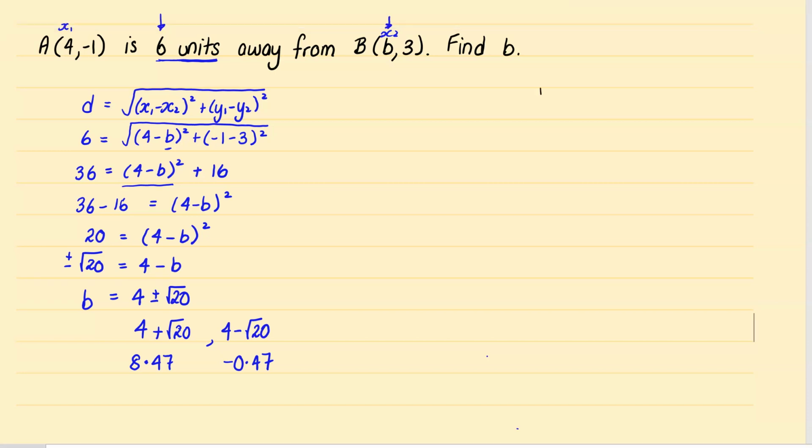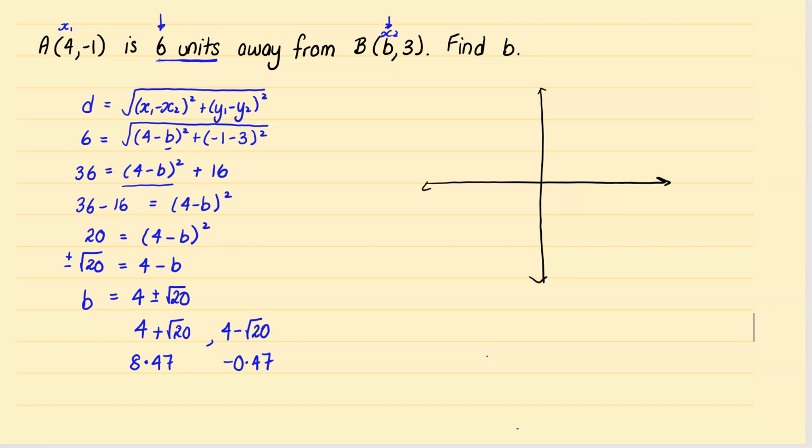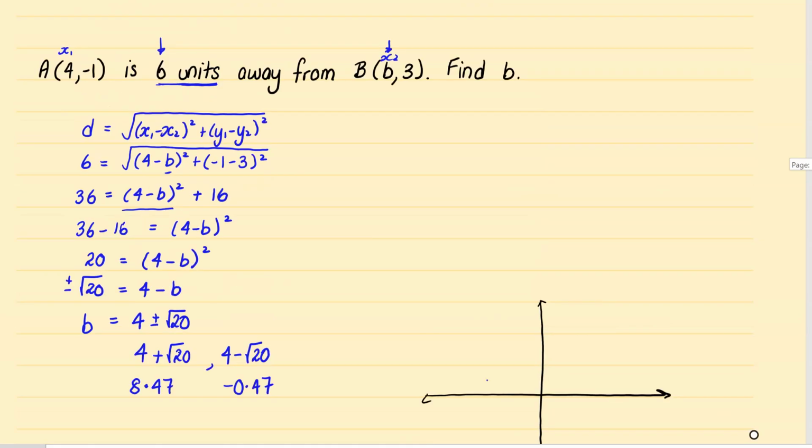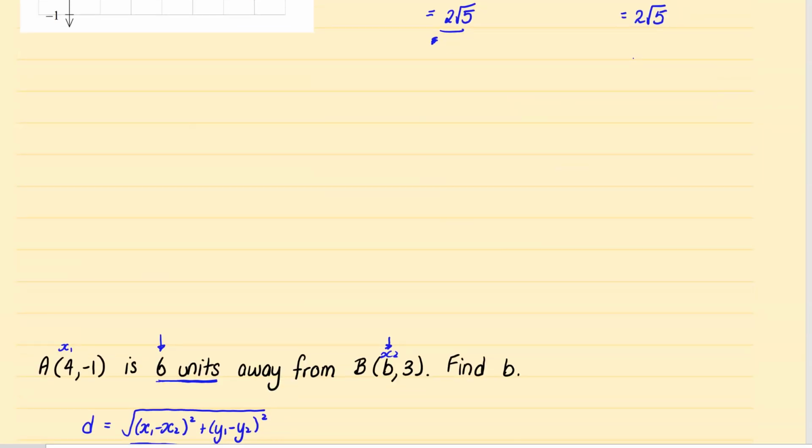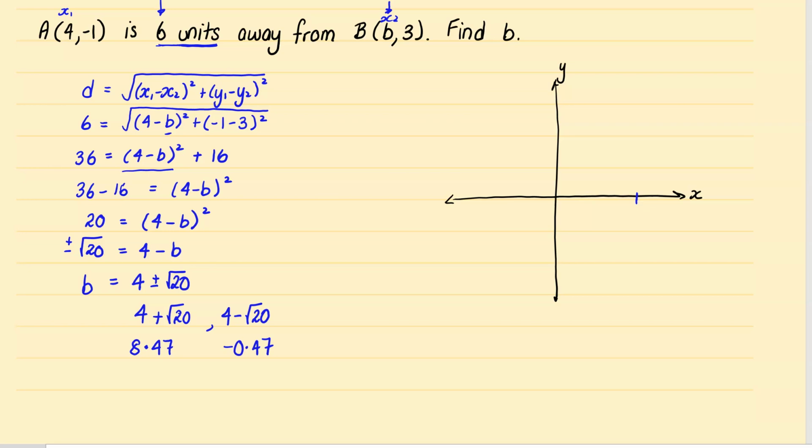Okay, so a quick little Cartesian, sorry for my wobbly line there. Okay, so let's roughly pop in A. So it's 4 minus 1, so A would be here. And B, right, is B3. So anywhere along here, but it's going to be, here's 3. It has to lie somewhere along that line.